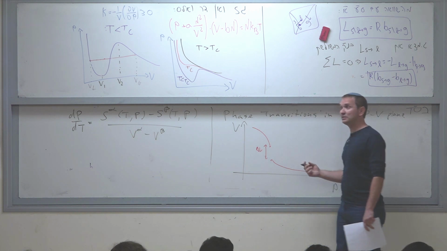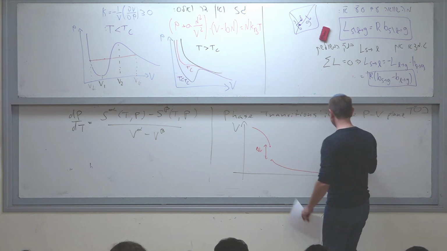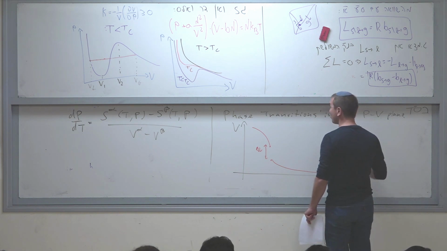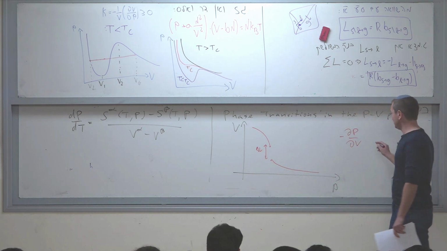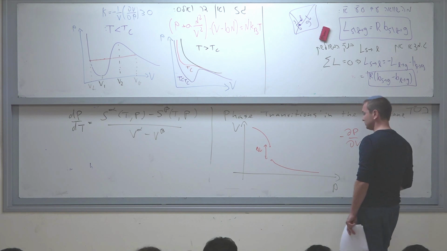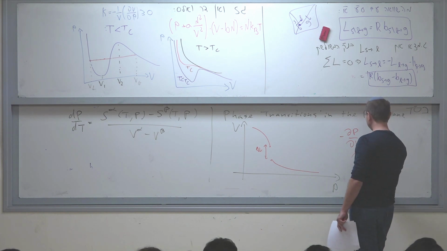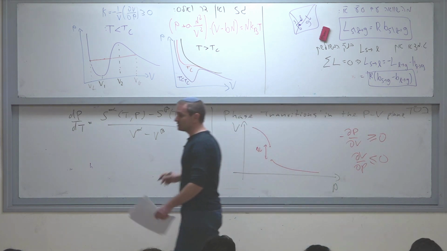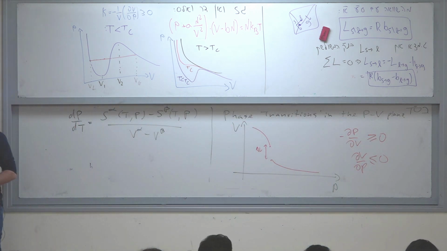What were the stability criteria? Okay, I will remind you, we had that minus dV/dP for any system in equilibrium is always greater than 0. Specifically, dV/dP is smaller than 0. Those are the stability criteria for the PV plane.